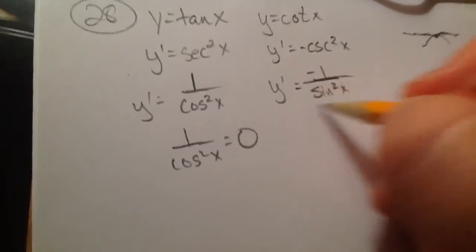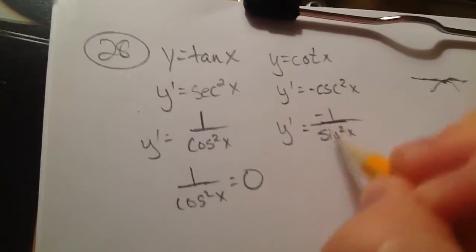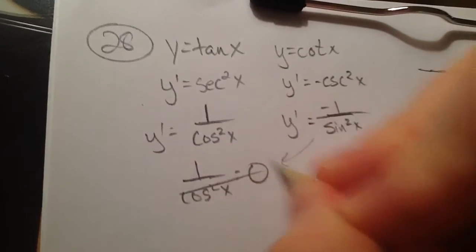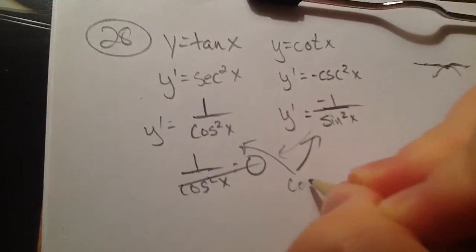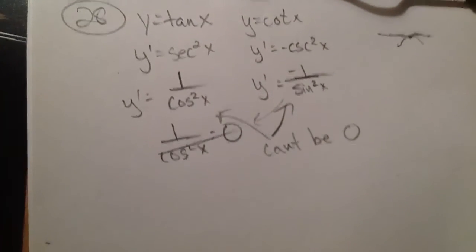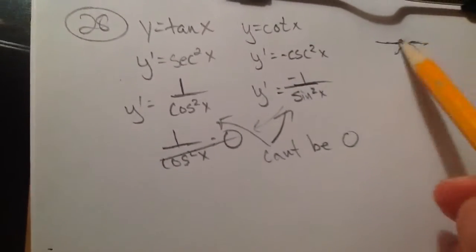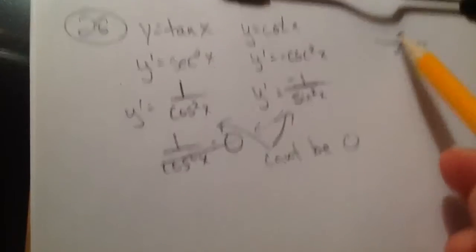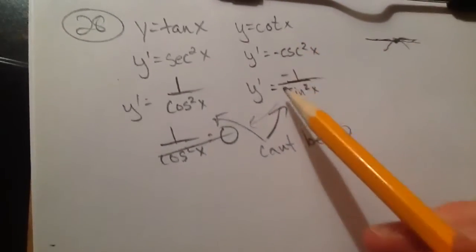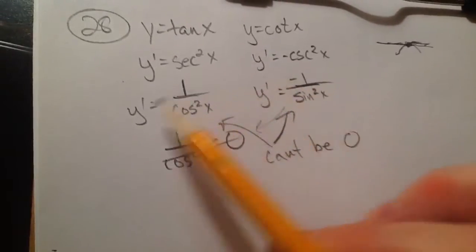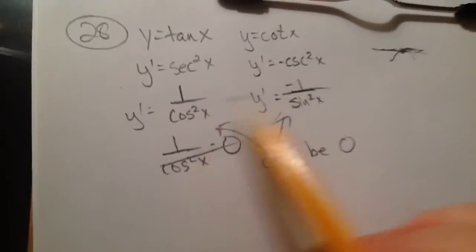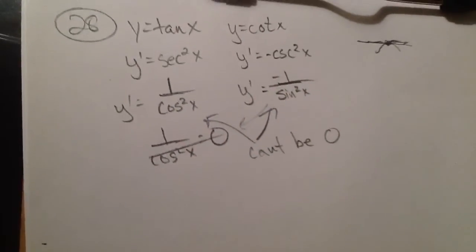So the derivatives of those can never equal 0. Remember, it asked why there's no horizontal tangents, and it's because a horizontal tangent occurs when the slope is 0. Well, on these, we found the equation for our derivative, which is the equation for all the slopes, and we figured out that can't be 0 and that can't be 0, so there can't be a horizontal tangent.